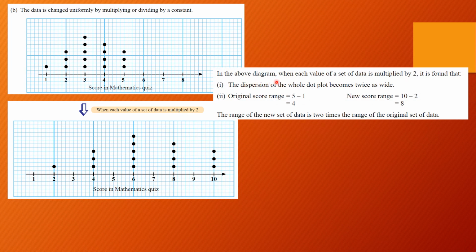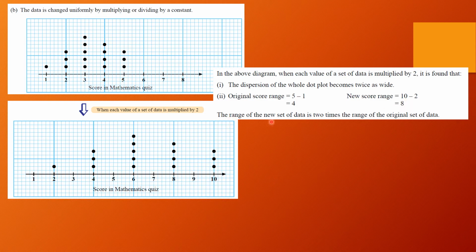In this diagram, when each value of a set of data is multiplied by 2, it is found that the dispersion of the whole dot plot becomes twice as wide. The original score range, the largest score 5 minus 1, is 4. But the new score range is the largest score 10 minus the smallest score 2, that is 8.